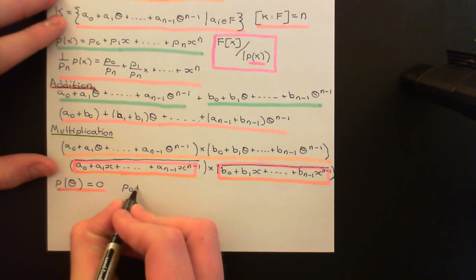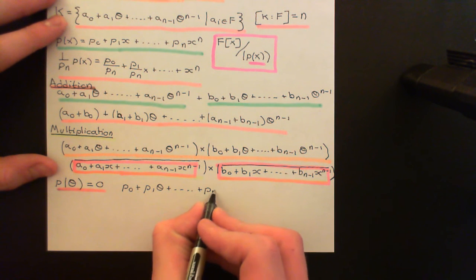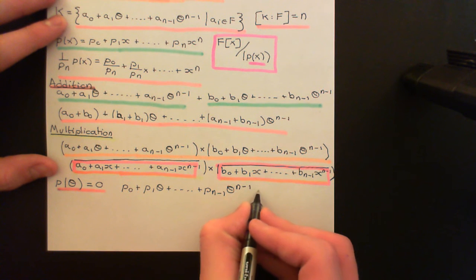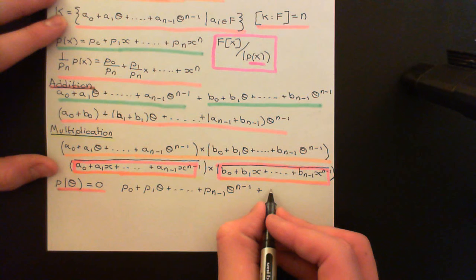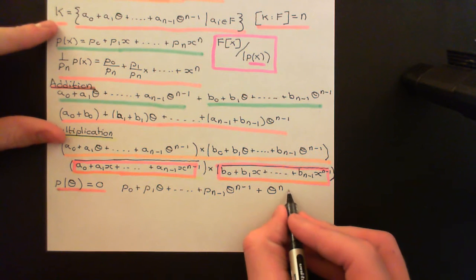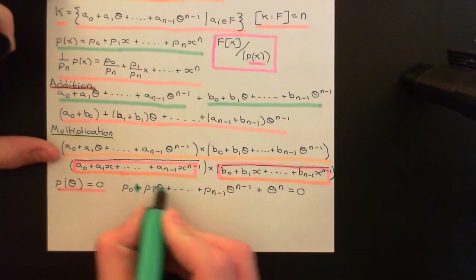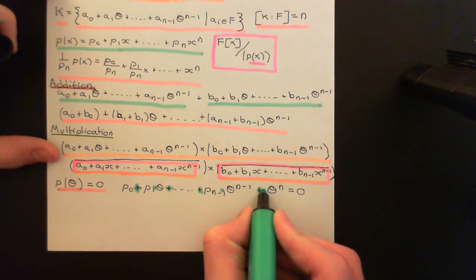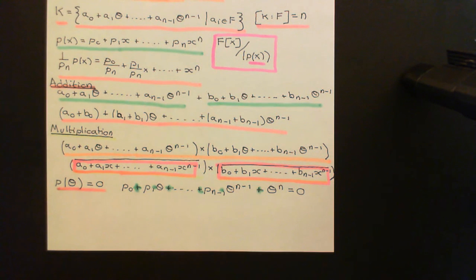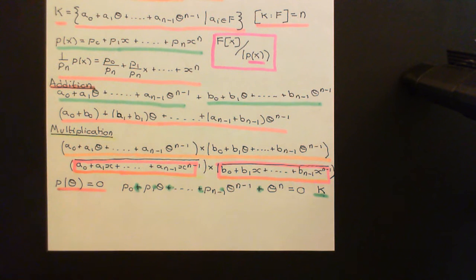So it's going to be true that P0 plus P1 times theta plus all the way up to Pn minus 1 times theta to the n minus 1, because of course we've assumed now that our polynomial is monic, plus theta to the n here, is equal to 0 in our field capital K, the additive identity in capital K. And note, these additions and multiplications now mean addition and multiplication in our field extension capital K. Raising to the power, theta to the power of n, that's in our field extension capital K. So this is all pertaining to the field extension capital K, so I'll highlight that in green to remind us. And of course this is the additive identity in our field extension capital K.